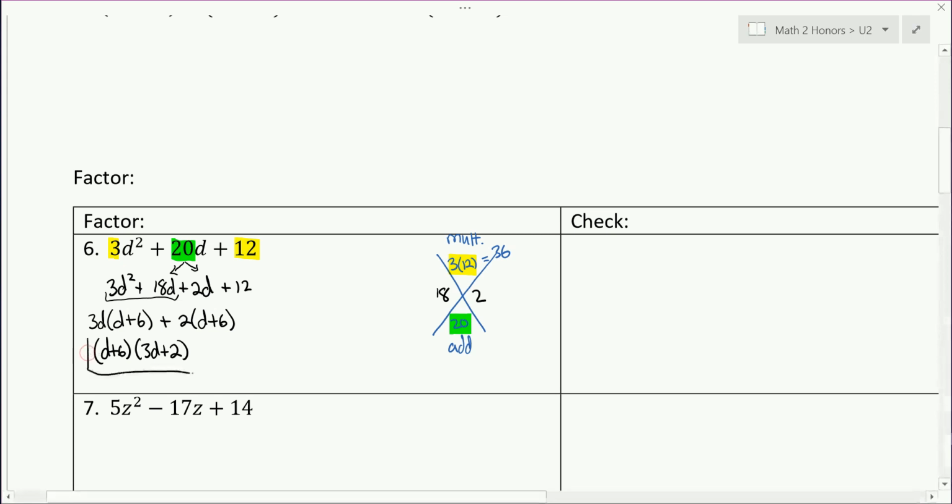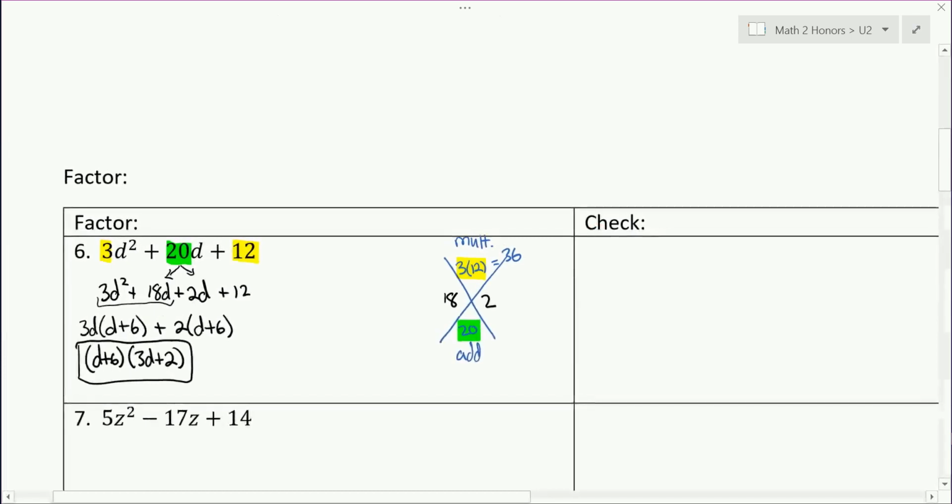And we're asked to check it. How are we going to check this? Yeah, Kiki, hand up. So I split the 20 into 18 and 2. Well, it's a common term.